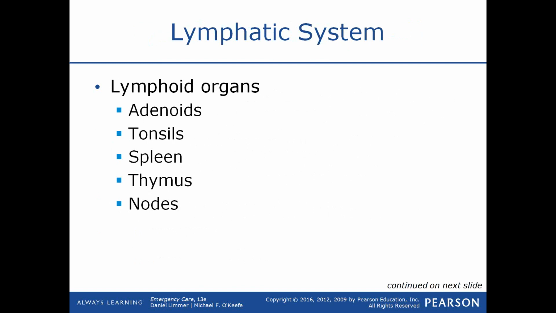Many people don't have their tonsils and adenoids anymore. They were removed at an early age or removed as a result of chronic throat, strep throat, or sore throats or infections of the throat. Your spleen is a lymphoid organ. Your thymus, located in the neck, is a lymphoid organ, and then you have lymph nodes under your arms and in your groin.